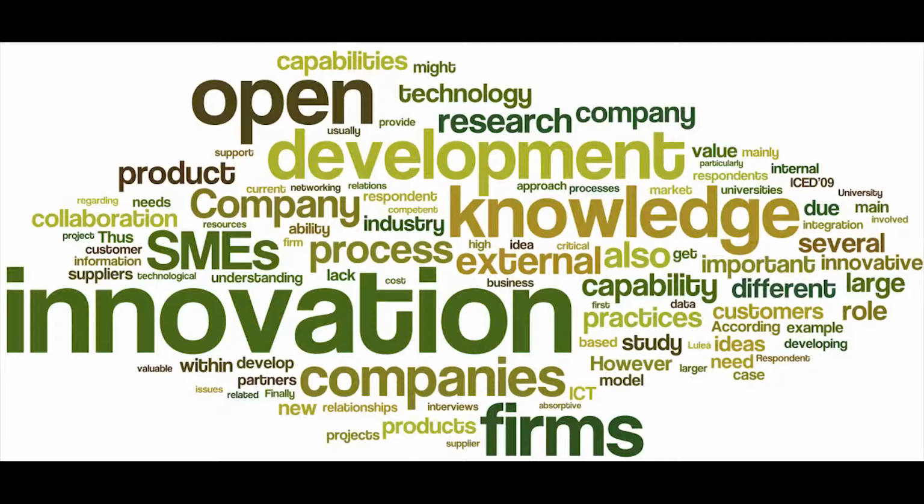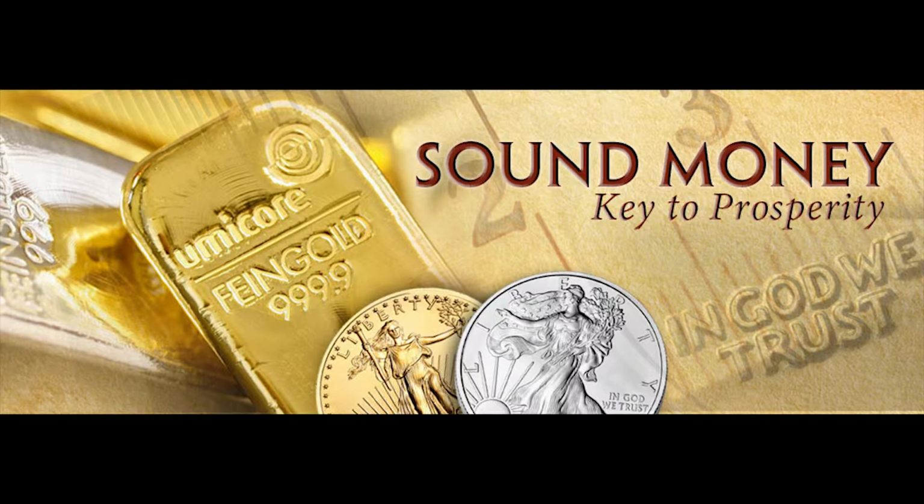With sound money, there's rapid innovation and progress. In the first 100 years or so of this nation, we made more progress in economics, in the sciences, in mathematics, in everything you can imagine, than probably any other time in the history of the world. That's partly because sound money was the foundation for all of it.